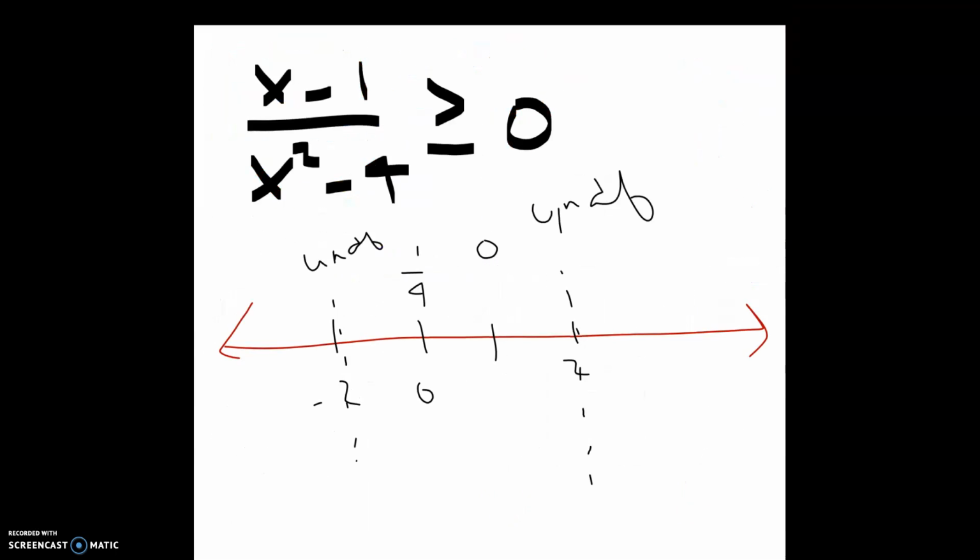All right, so what I did here is I just graphed a number line, and I put our asymptotes there, the vertical asymptotes, and obviously they're undefined output. And we know that at 0 we had an output of 1/4. That was our y-intercept, and at 1 value of x, we had an output of 0, which was our x-intercept, which again, that's okay because it crosses that horizontal, which is not a big deal.